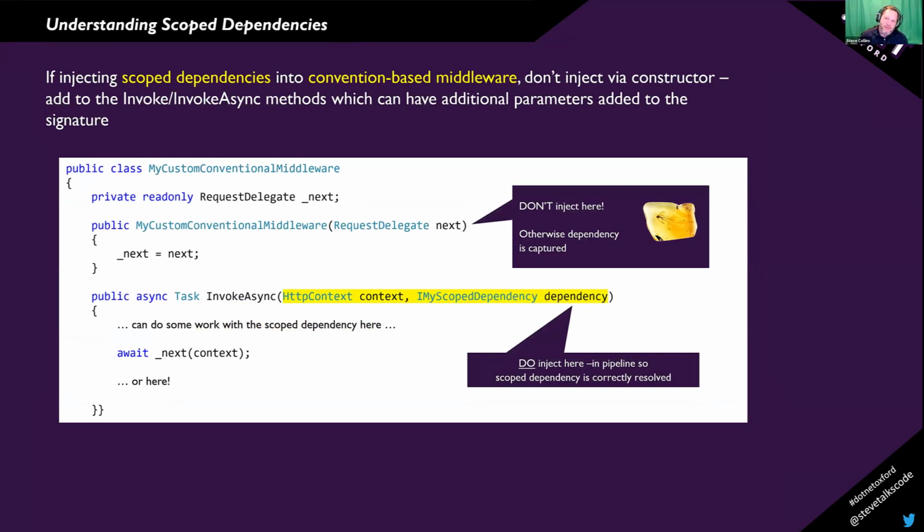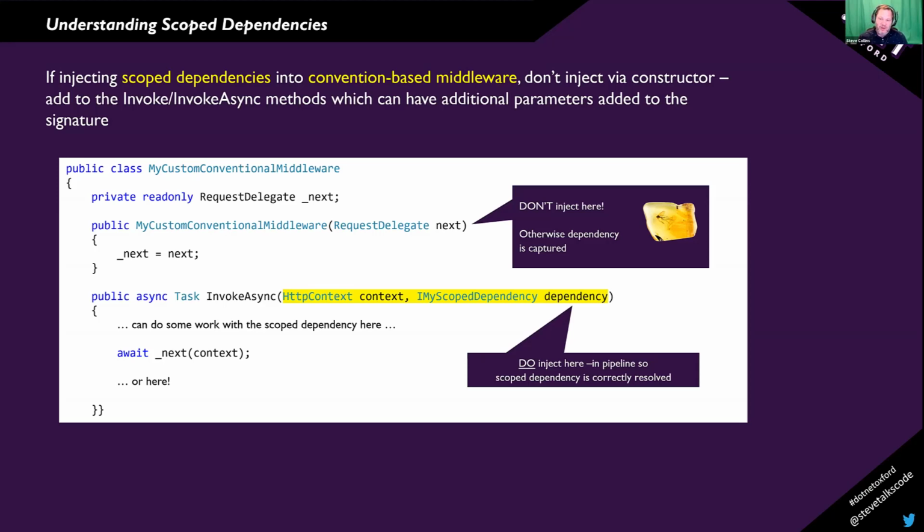When we talk about middleware, we think about intercepting and handling HTTP requests and responses. Because of this, you might assume that middleware is a scoped registration with the DI container, but that's not strictly true. There are different ways you can write middleware. The one most people are familiar with, which has been there since .NET Core 1.0, is convention-based middleware, and that's what we've got shown here on this slide.